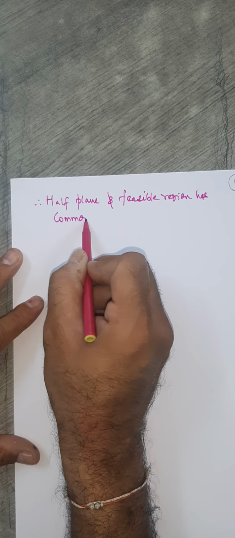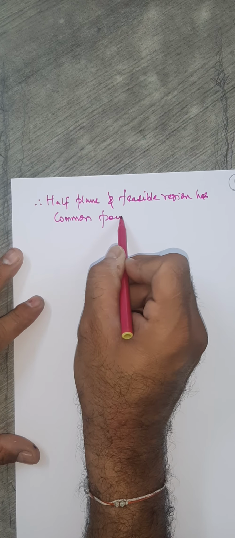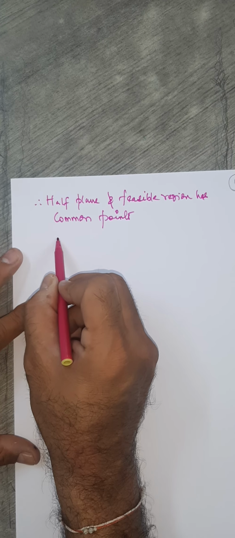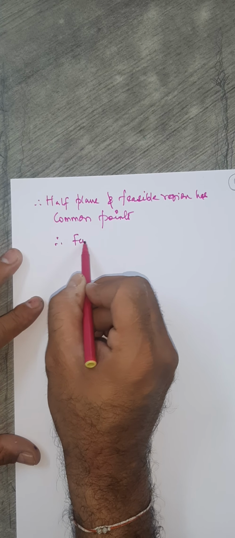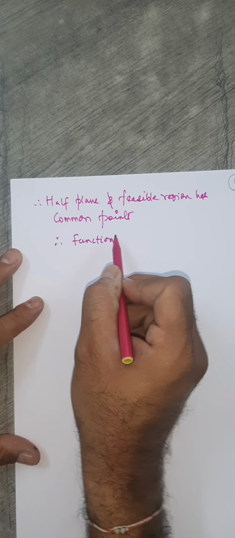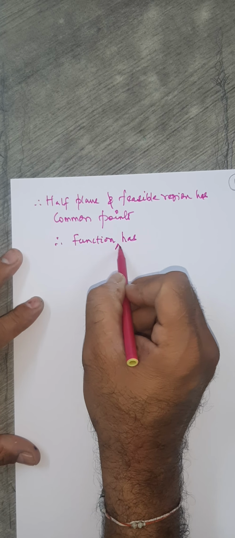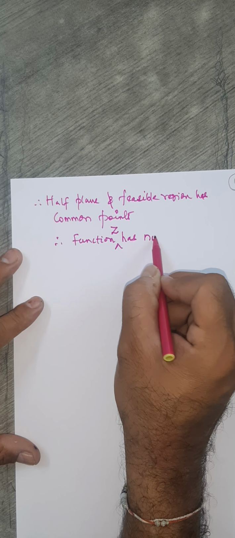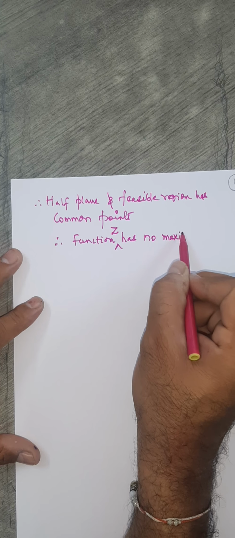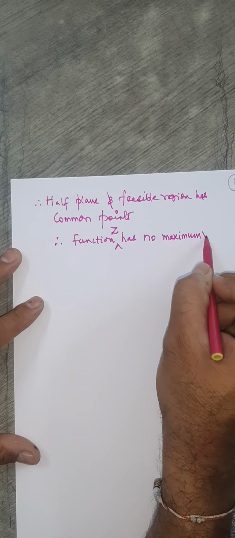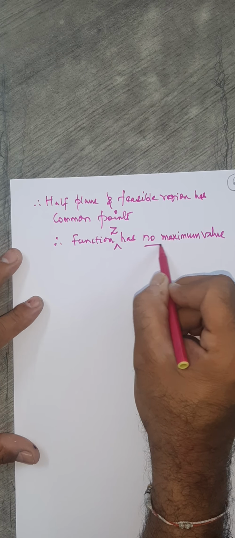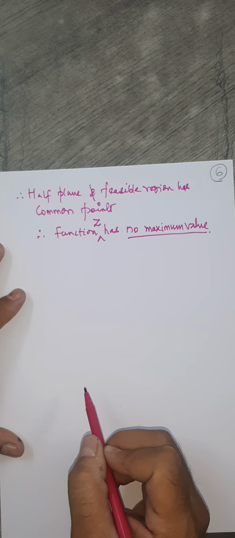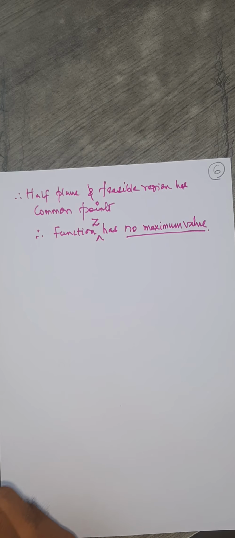There are many common points. And therefore, as per our theory, the function z has no maximum value. You are asked for the maximum value, and the function has no maximum value.